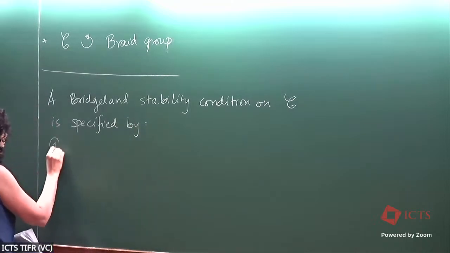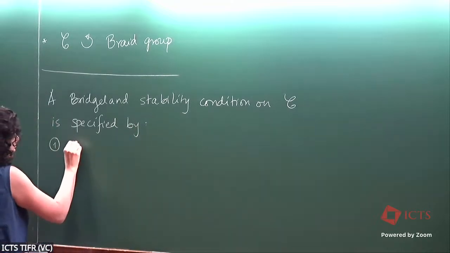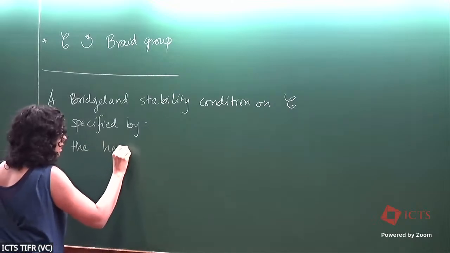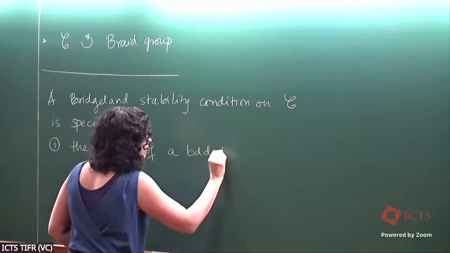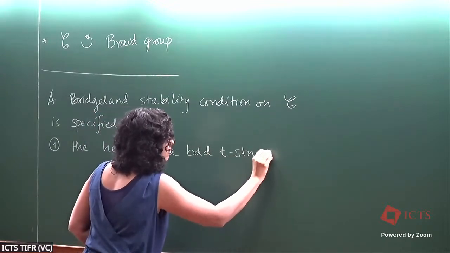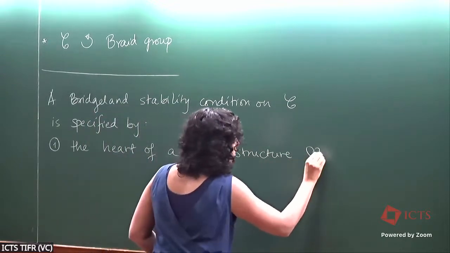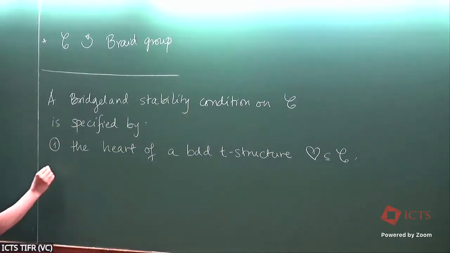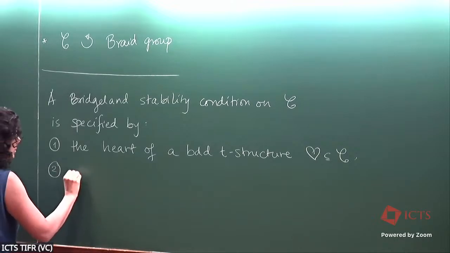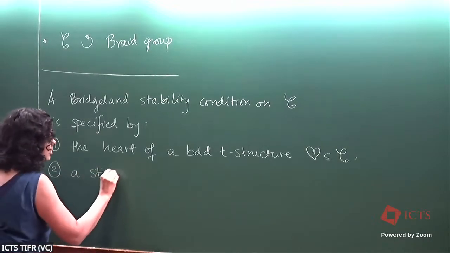so the first thing is the heart of a bounded t-structure. Some sort of subcategory, abelian subcategory of C. And the second is a stability function, or central charge if you want.